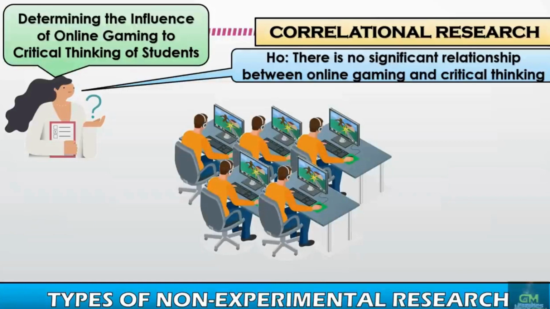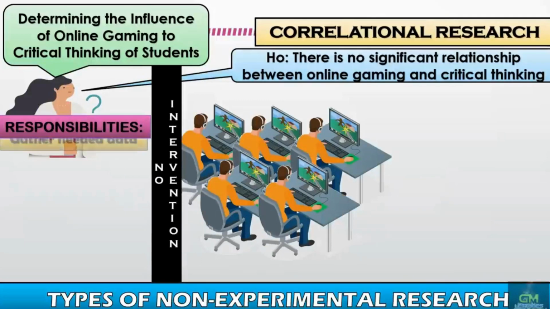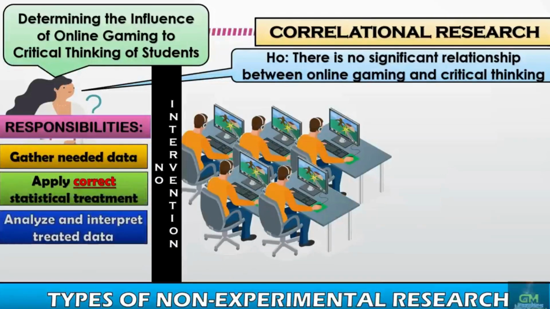Again, in a correlational research, there is no intervention because the responsibilities of a researcher focus primarily on gathering the needed data, applying the correct statistical treatment, analyzing and interpreting the treated data, and from there, rejecting or accepting the hypothesis.